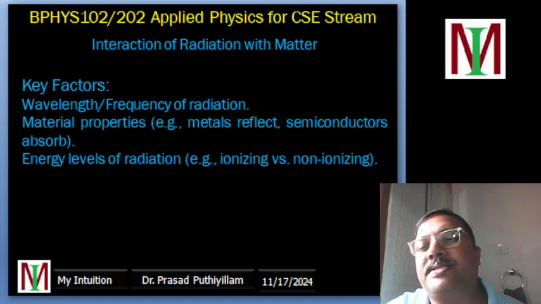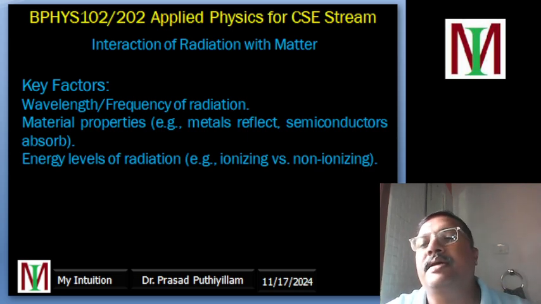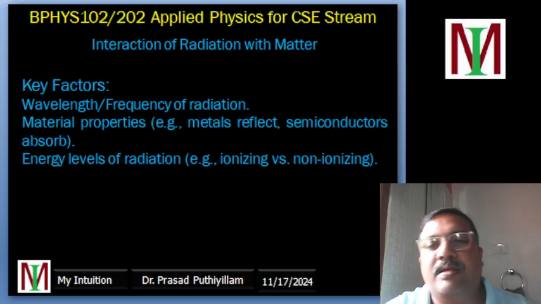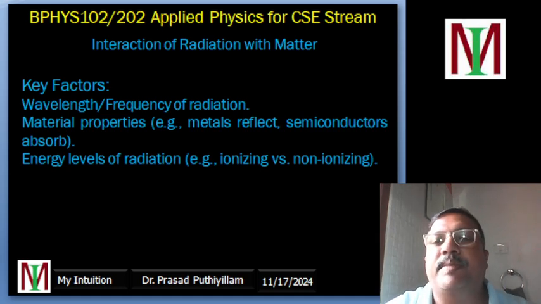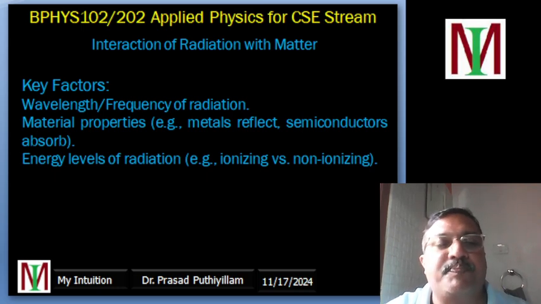Okay, so low energy radiation such as radio waves interacts differently with the matter compared to high energy radiation like X-rays. That you can decide by seeing the absorption spectrum of a material, which defines which wavelengths are absorbed and which are transmitted.